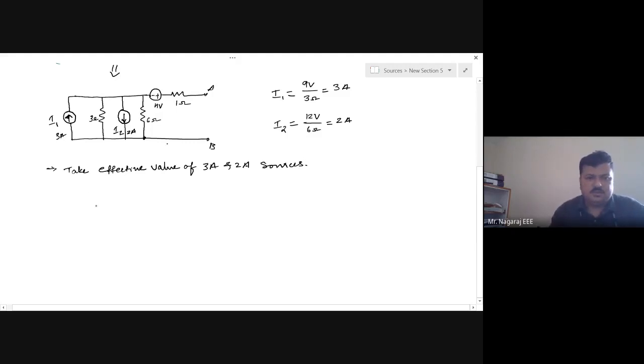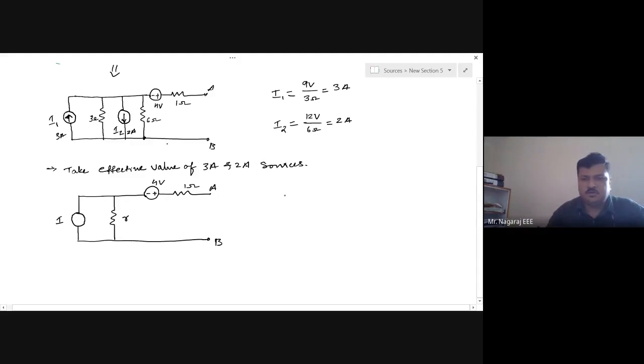Now effective value means I will get only one source. This is my 4 volts and 1 ohm source. Now let this be current I and let this be resistance R. Now what is I equal to?